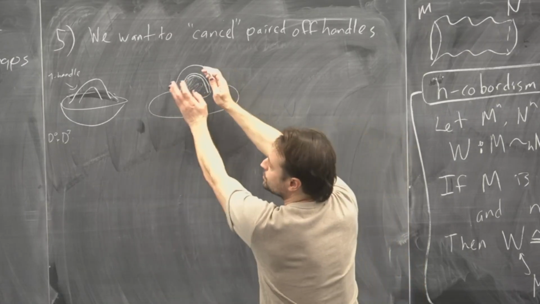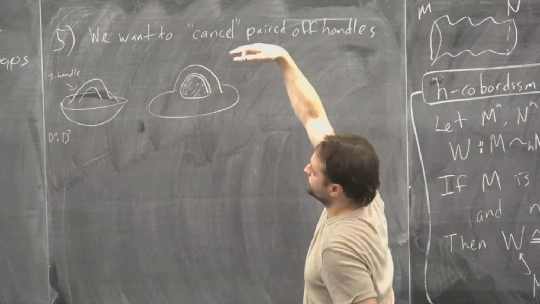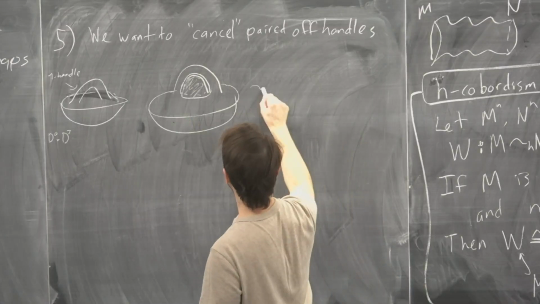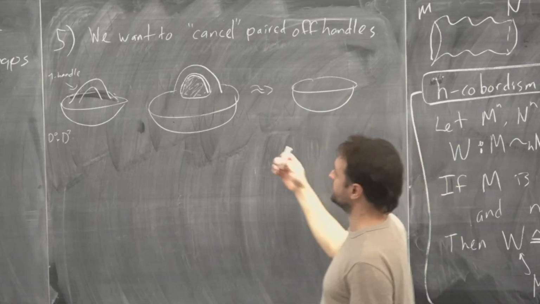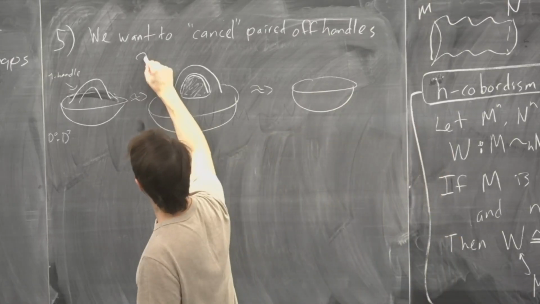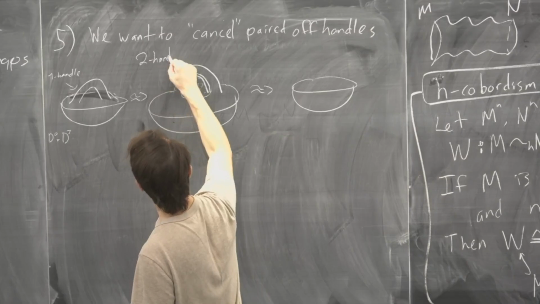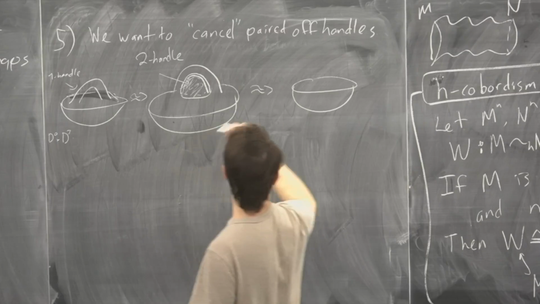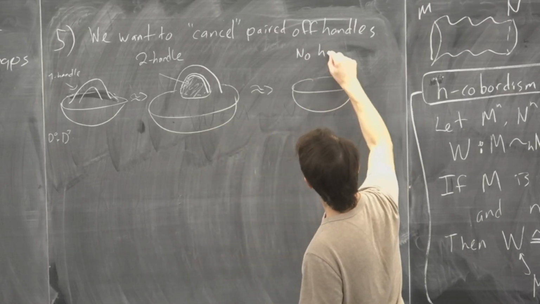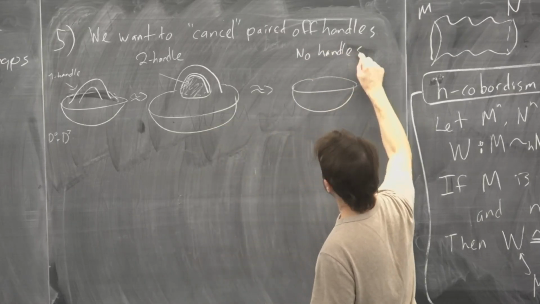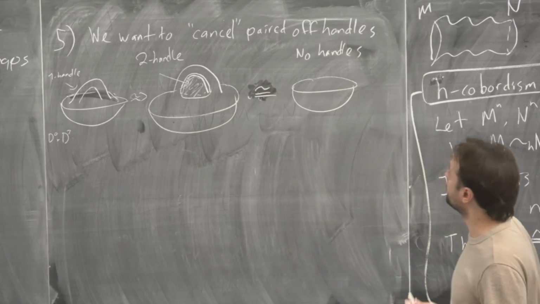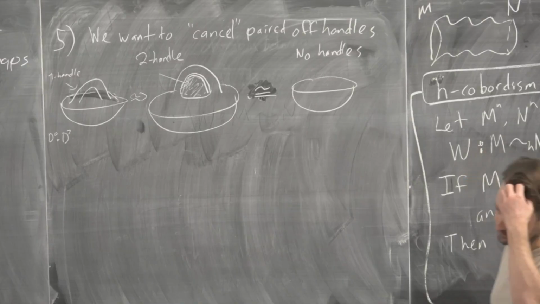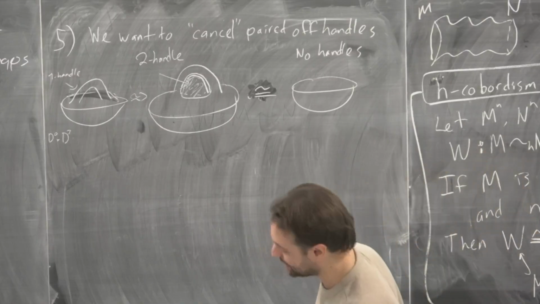Now this is just a solid chunk of manifold, and you can just push it down to get back to a manifold that didn't have any handles attached to begin with. So this is a picture of what handle cancellation looks like. So these are diffeomorphic. So we want to be able to cancel off these paired handles, and there's an obstruction to doing that.